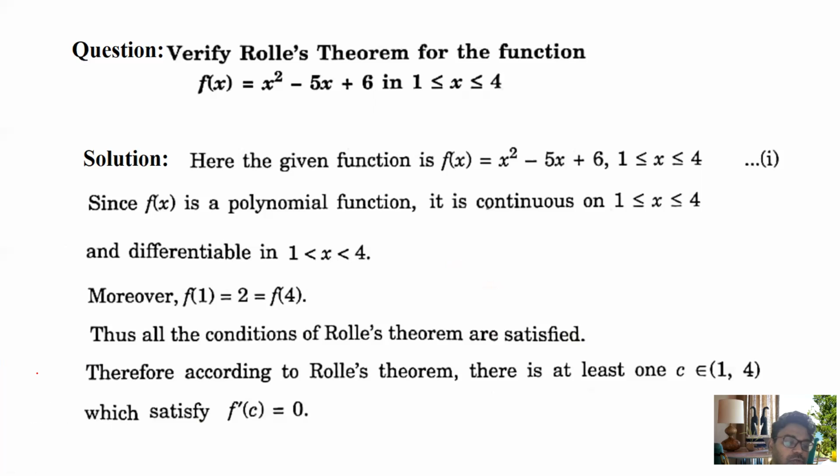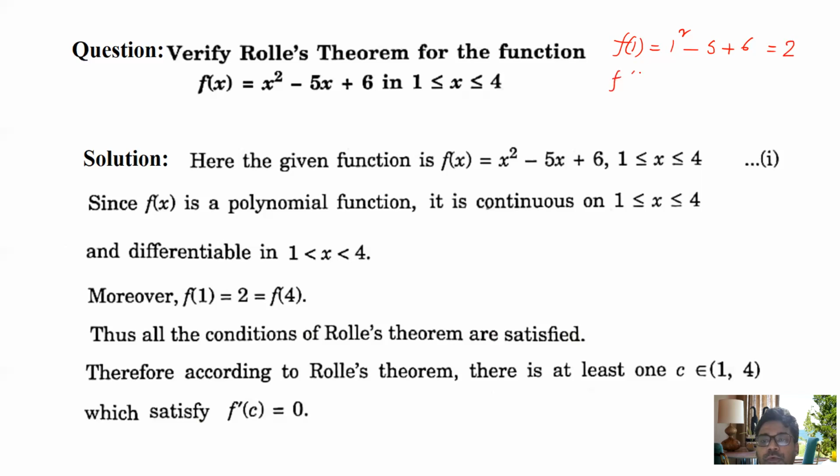I think you have a question in your mind, from where you have this. Very simple. Just you check f1 is equal to 1 square minus 5 plus 6, which is 7 minus 5, that is 2.